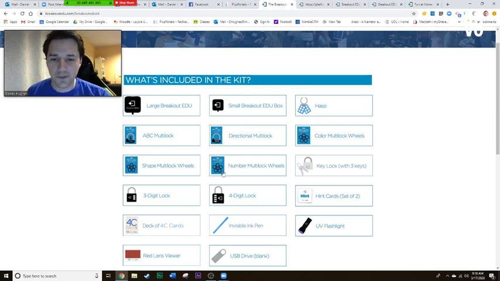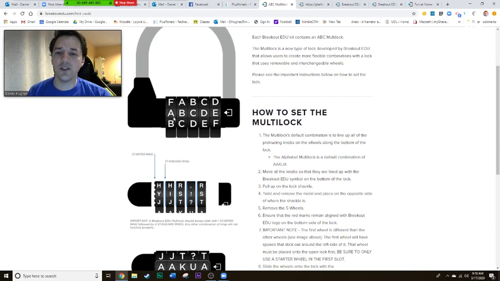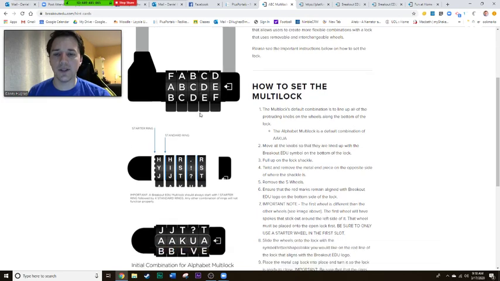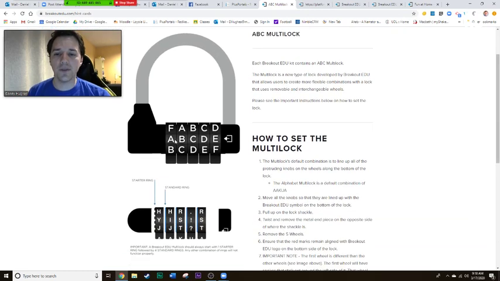So, for instance, if you have a directional or ABC multi-lock, for me in English, I could change this 5-letter word to something that we are talking about in the actual lesson.